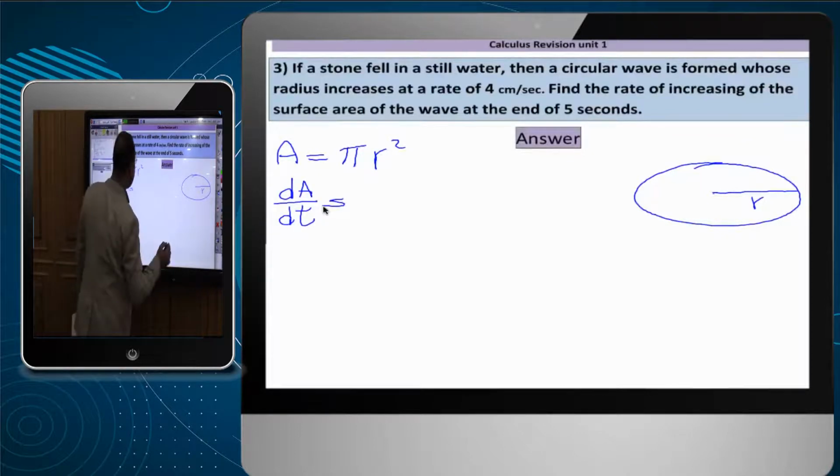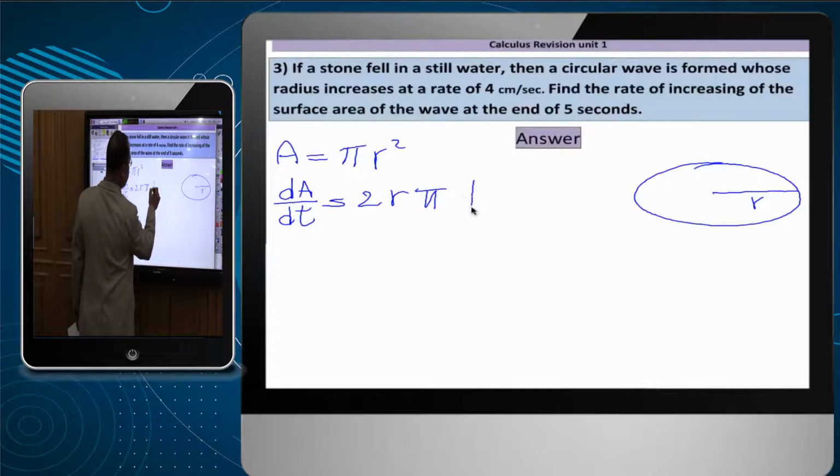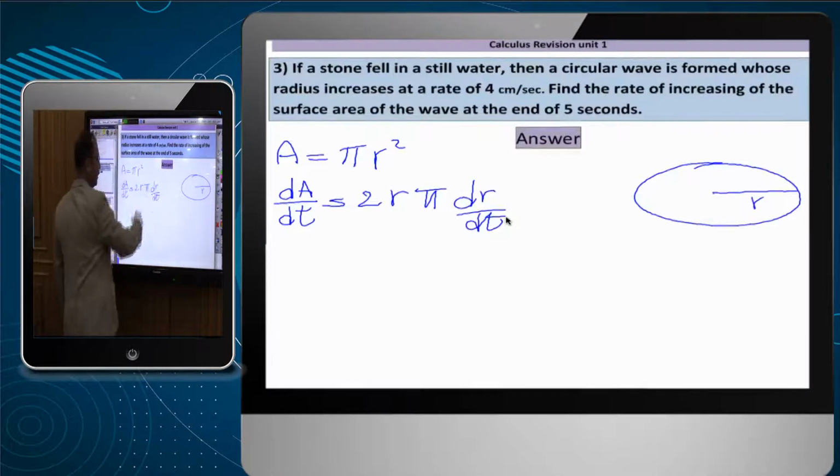Differentiate, this is an implicit relation. We will differentiate r in terms of t. It will be 2r times dr by dt. We have to write the dr by dt because it is an implicit relation.